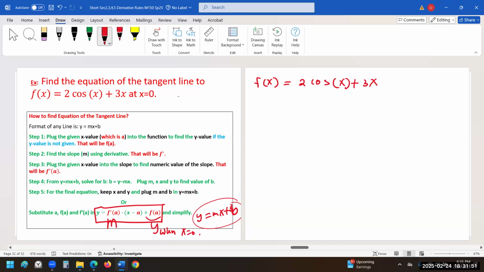So this is 2, and then x minus 0, your y value is 2. So the y value at 0 is 2, right?